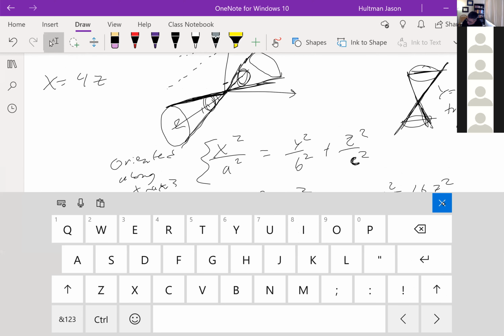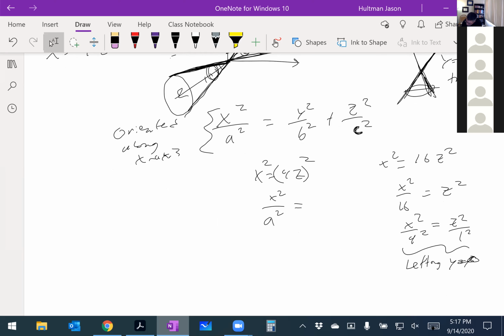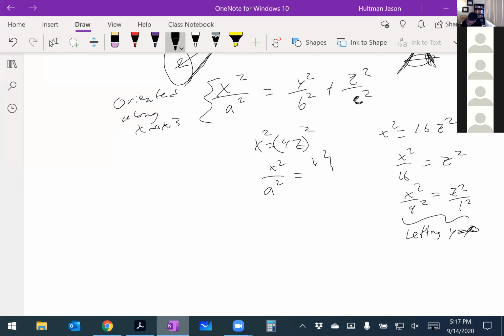But again, the idea here is letting y be 0, we can figure out what a and c are. Y squared over b squared plus z squared over c squared.